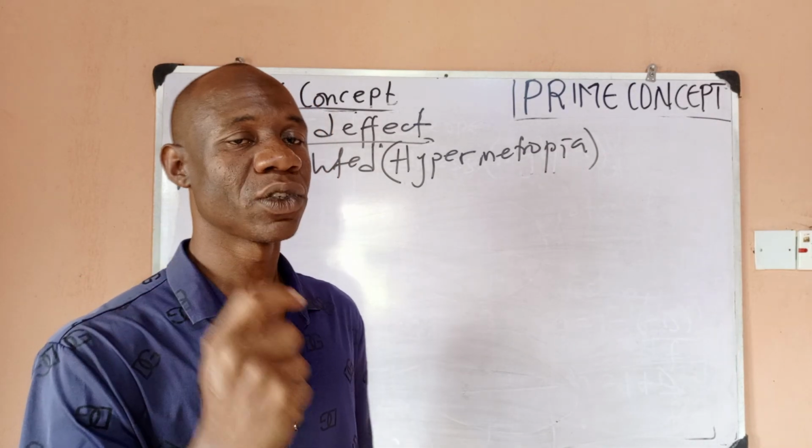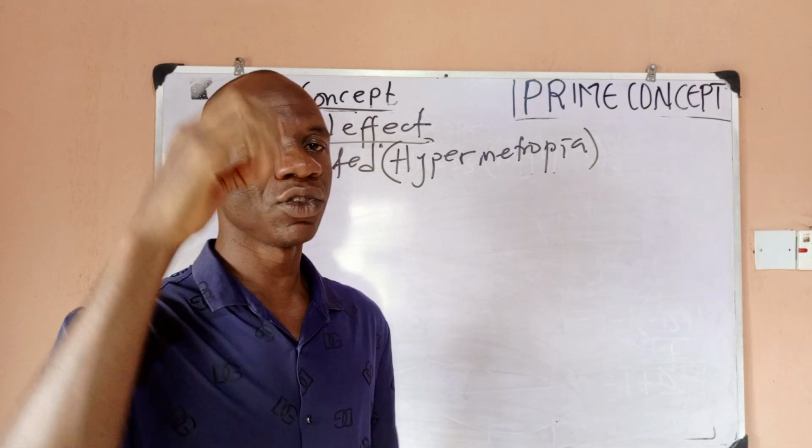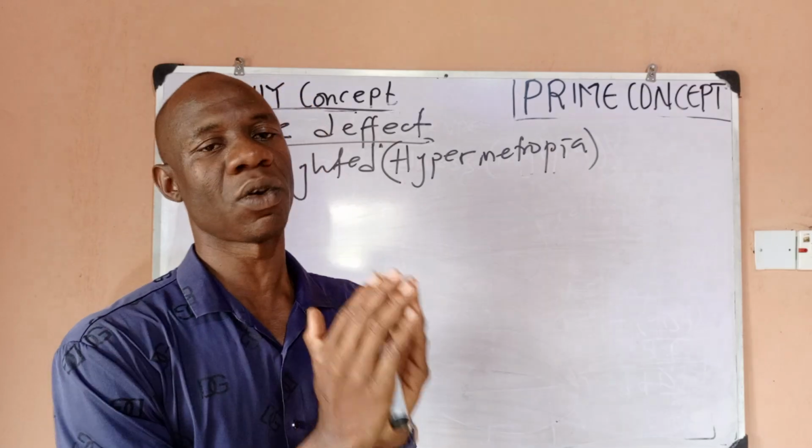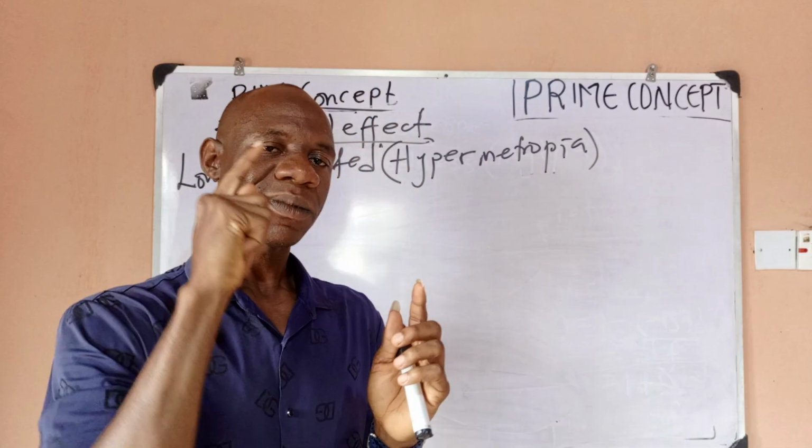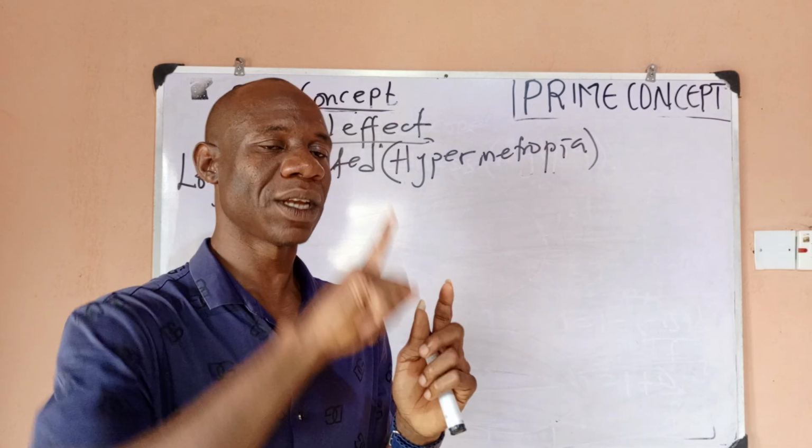Long-sightedness happens because the eyeball is too short or too small, and the focal length of the eye lens is very long.